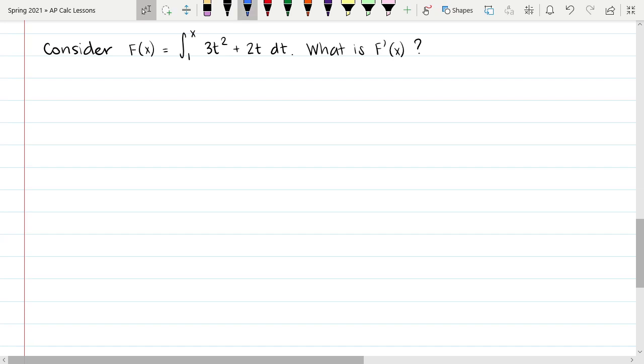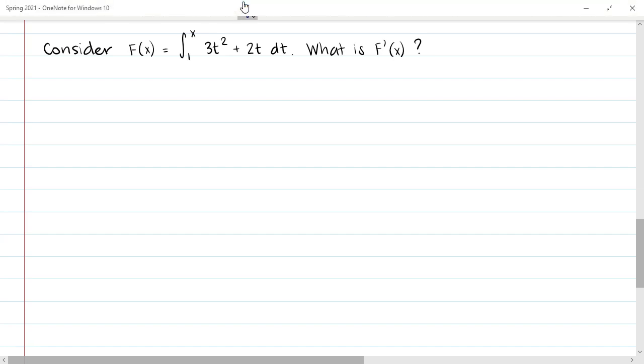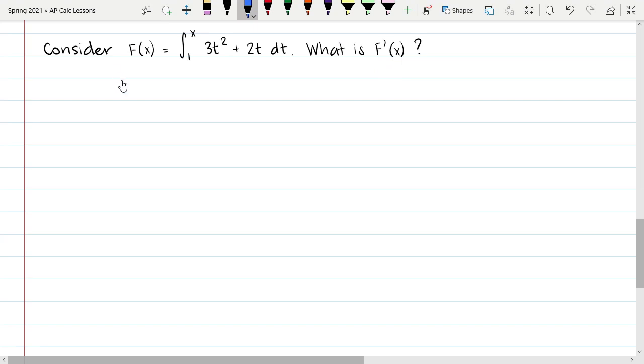So let's just do the same thing we were just doing here. So if I'm trying to find big F prime of x, then what I'm really doing is I'm looking for the derivative with respect to x of big F of x. But that means what I'm really doing is I'm finding the derivative with respect to x of this, the integral from 1 to x of 3t squared plus 2t dt.